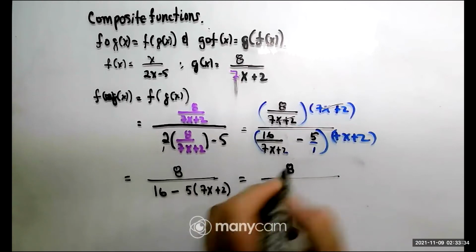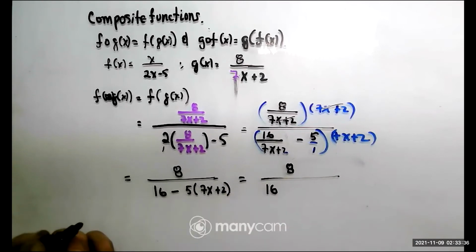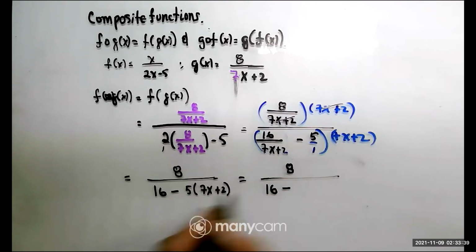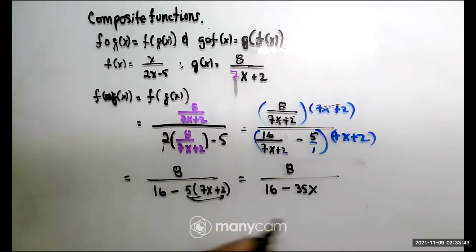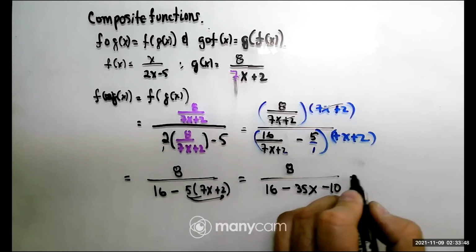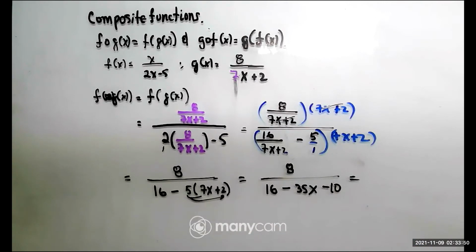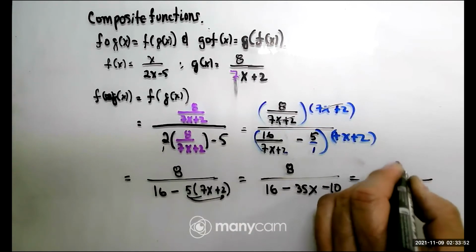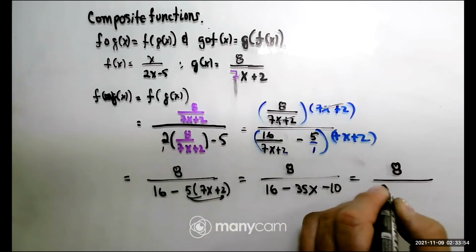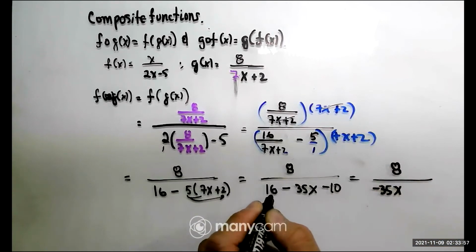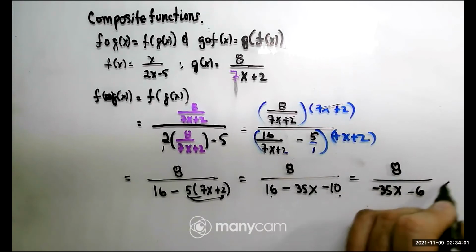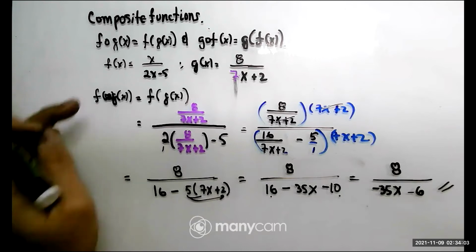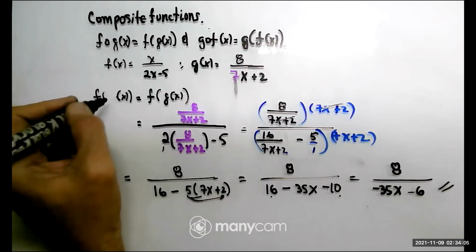So this is 8 over 16 minus 35x minus 10, which is the same thing as 8 over negative 35x plus 16 minus 10, minus 6. And so this is my final answer for the f of g. That's what we're doing, f of g of x.